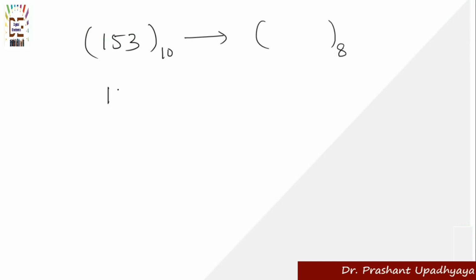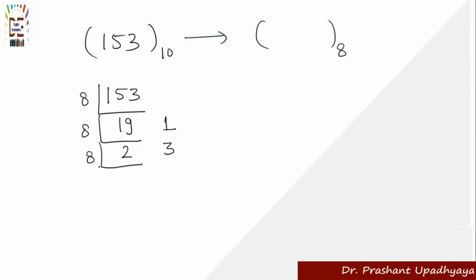I take 153 and divide it by 8. 8 19s are 152, so my remainder will be 1. Then 8 2s are 16, and my remainder will be 3. Then 8 will not divide 2, so that comes here, and my answer will be 2 3 1.